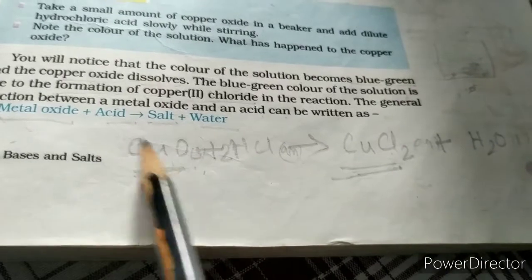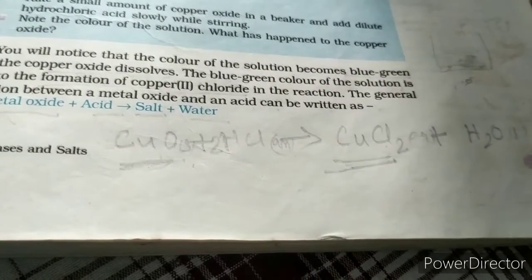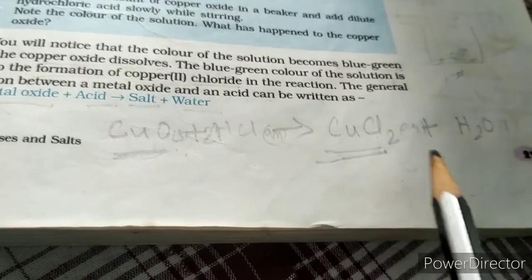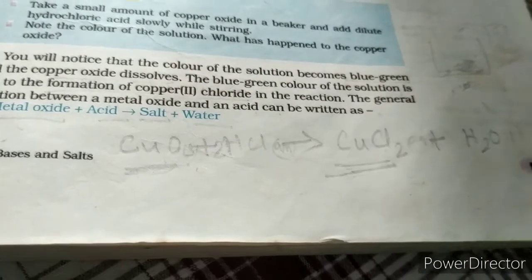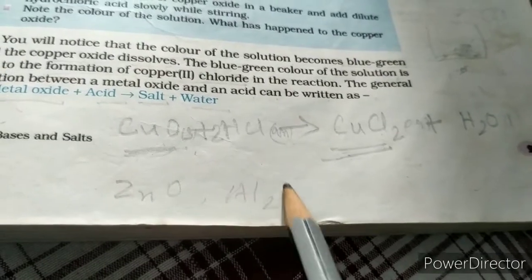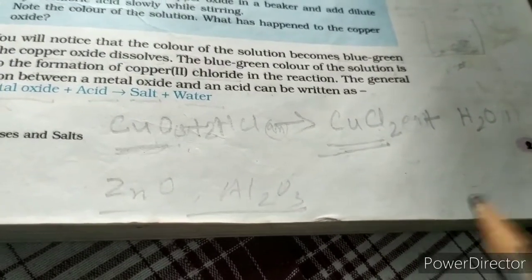If the metal oxide shows both basic and acidic nature, then it will react with both acid and base and form salt and water. Those types of oxides are known as amphoteric oxides. Examples are zinc oxide and aluminum oxide.